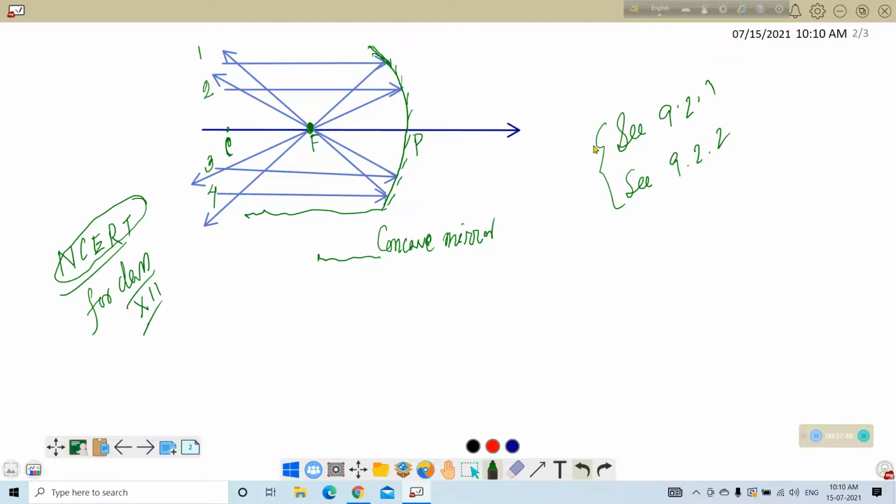And in the next video, we shall discuss the relation between radius of curvature and focal length.